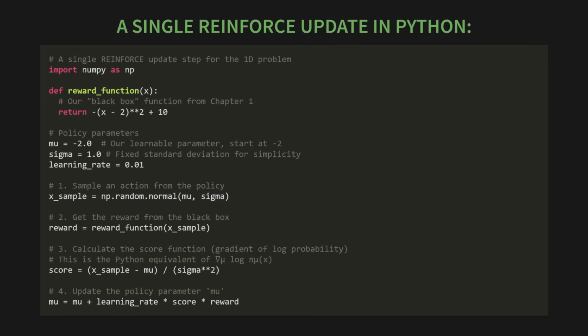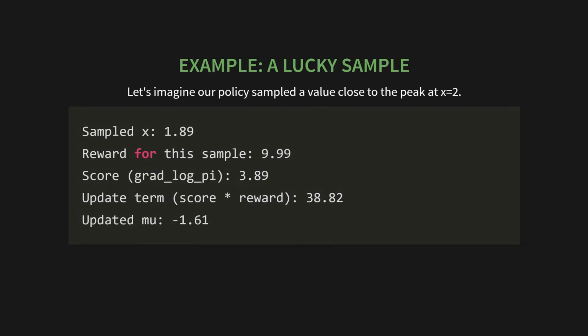That's it. Now, for example, let's imagine we got a lucky sample. Let's say our policy, which is centered at negative 2, happened to sample the value 1.89. That's really close to the peak at x equals 2. The reward for this sample would be a massive 9.99. The score, or grad log pi, calculates to 3.89.